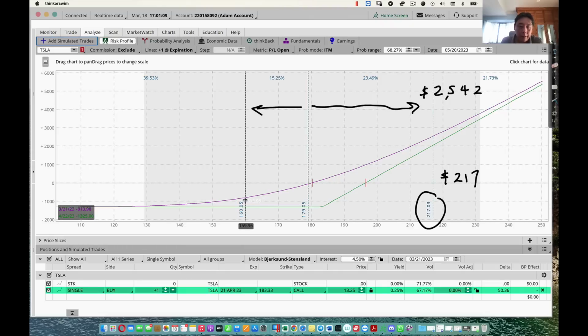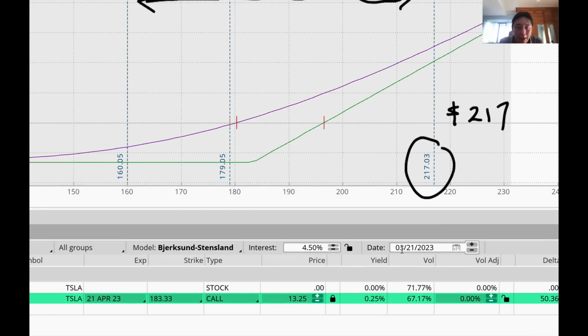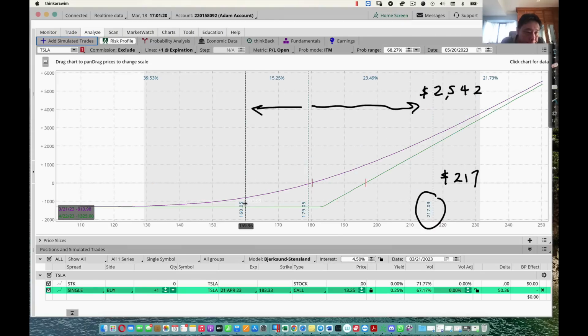Now it depends again on how much time has passed, right? So again, let's say the moment you buy, it drops all the way to 160 in one day. By the 21st of March, then you would lose $813.98, or let's say 814, okay? 814.